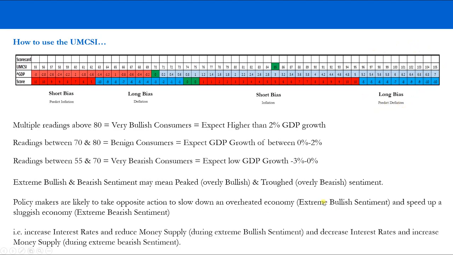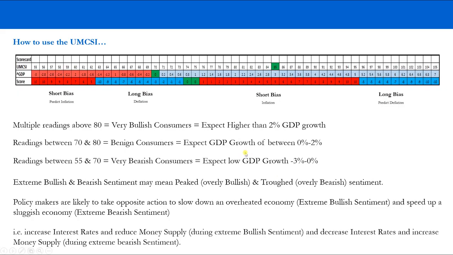because it can't get any better. It's peaked. And then in the opposite situation, we have a sluggish economy where we do actually have really bad conditions, but the case is extreme. And it's more than likely that the Fed in the future is going to try to create inflation to erase this situation. So in the extreme scenario on this side, we have extreme bearish sentiment during a sluggish economy, and we're predicting that in the future we're going to get inflation because the central authorities are going to act.